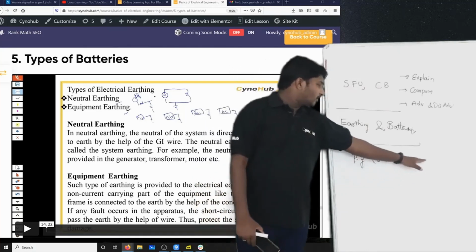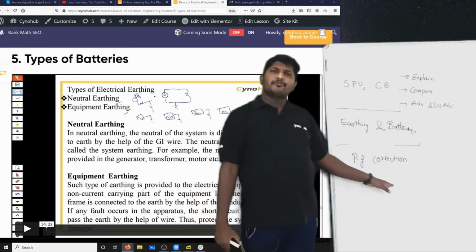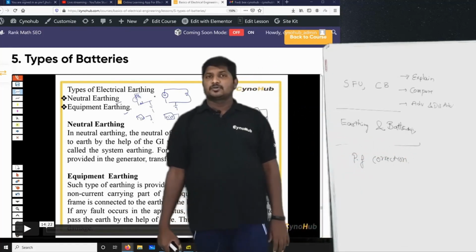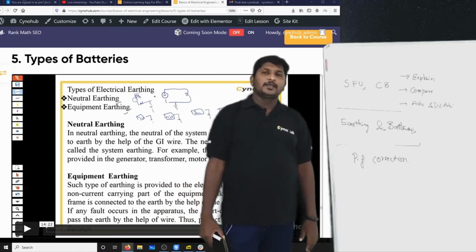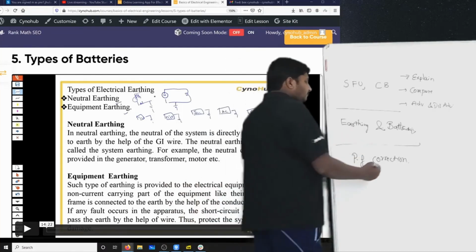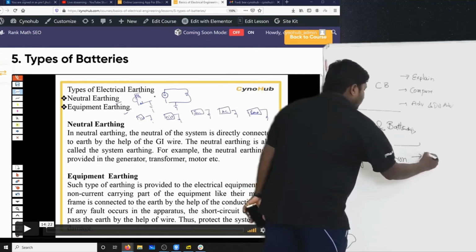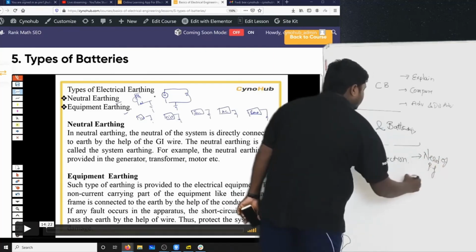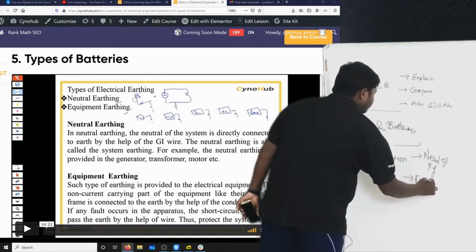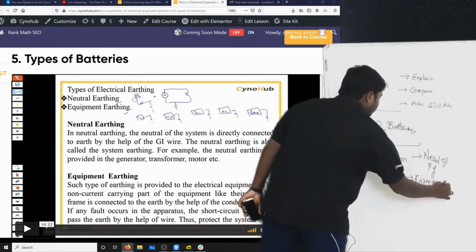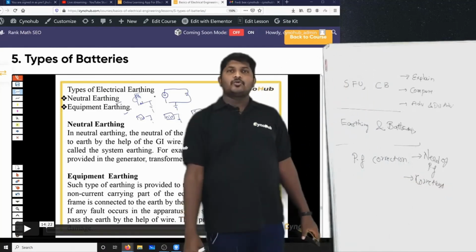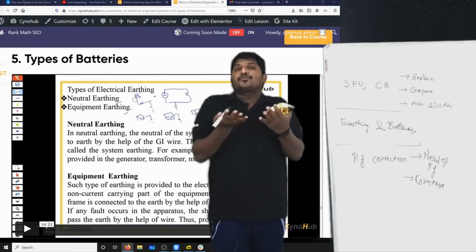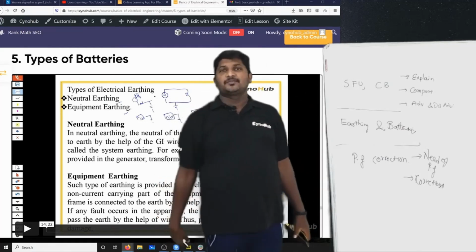Now come to here, it is power factor correction, am I right? It is power factor correction, last topic. Okay, here you will get need of power factor and correction methods, 2 questions. So, need to improve the power factor and how to improve the power factor, 2 models.